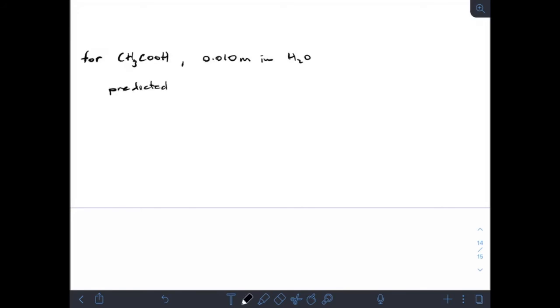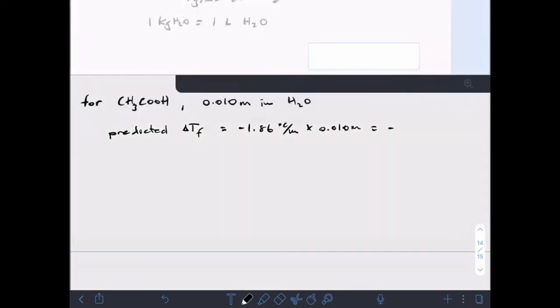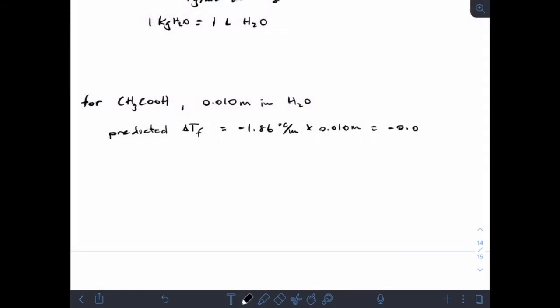The predicted delta TF should be negative 1.86 C per molal times 0.01 molal. It's just negative 0.0186 degrees C. So it doesn't really affect our freezing point very much. And the actual, when they did this experimentally, also equaled the same.